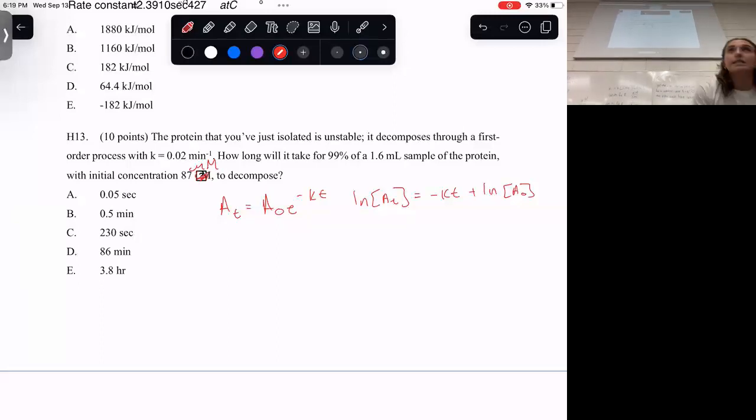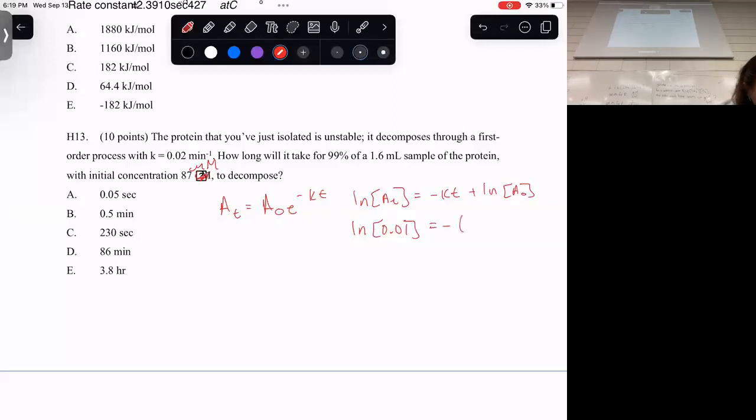So your ln A_t, what is our concentration of A_t? 1%, so that's gonna be 0.01, right? We can't use percent, so we can just use 0.01. You could say also 1, and then you can start off with 100. That's fine too. But 0.01 is assuming that you started off with 1. Do we know k?